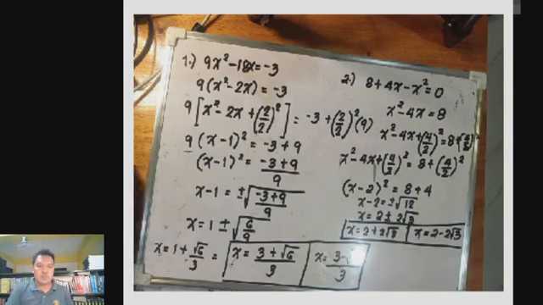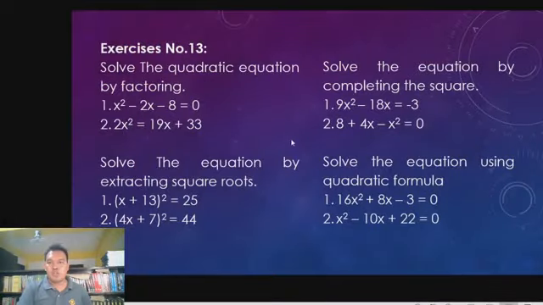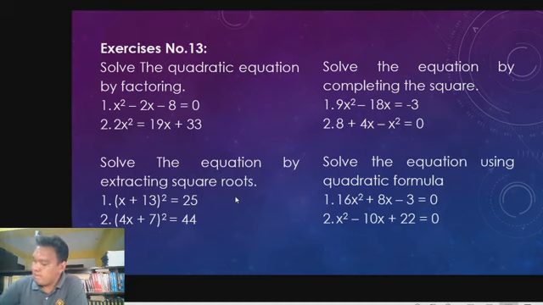Okay, so let's continue. We have solved the equation using the quadratic formula for number 1 and number 2 quadratic equations.